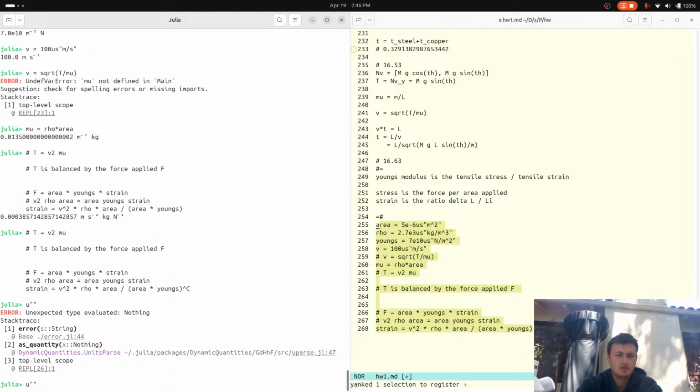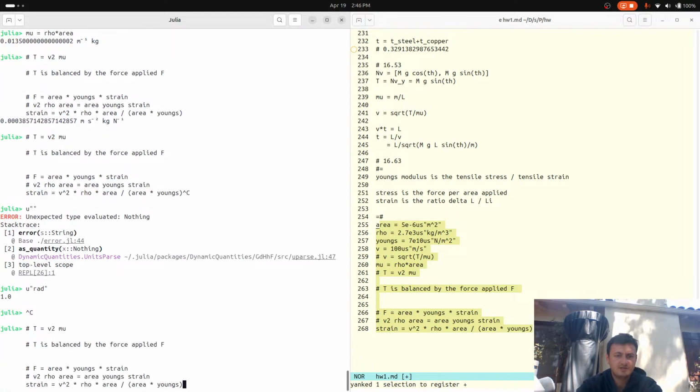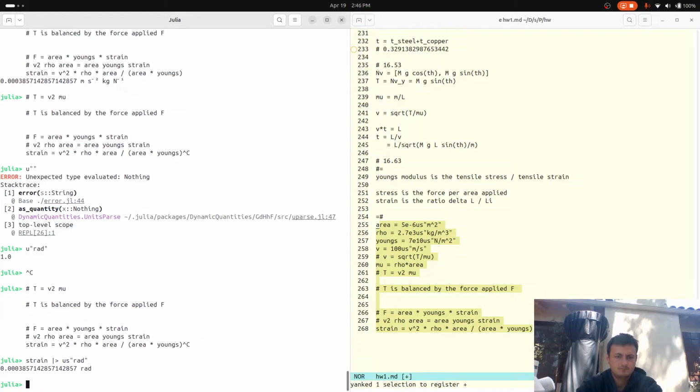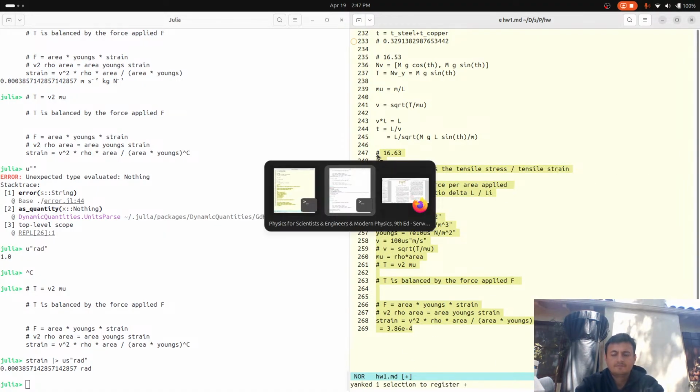Yeah, but that's what I want. Okay, what if I just pipe this thing into. .86 E minus 4. And it's a ratio, so that's it. I think that's the whole thing.